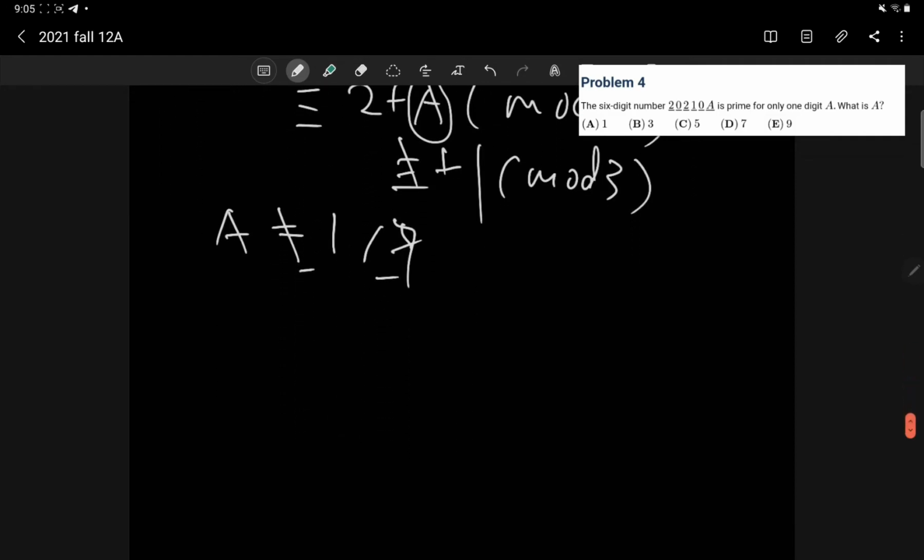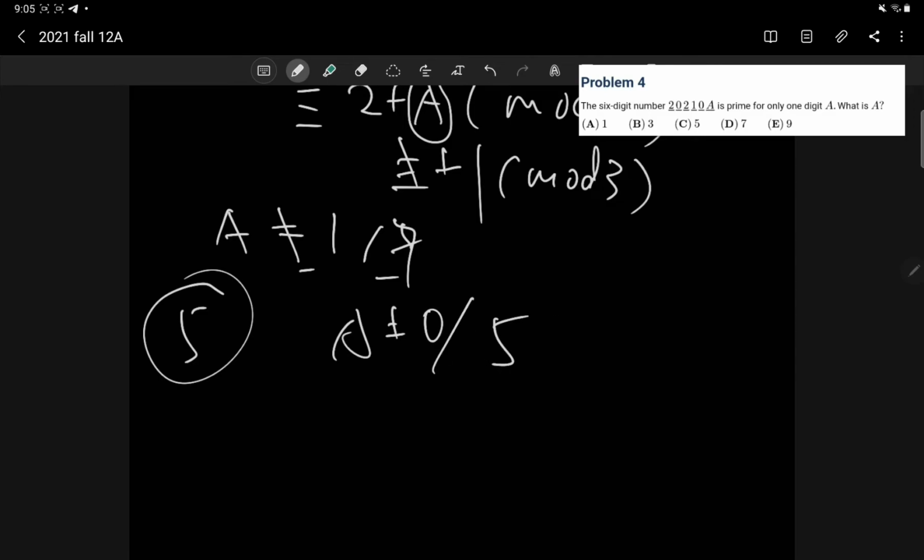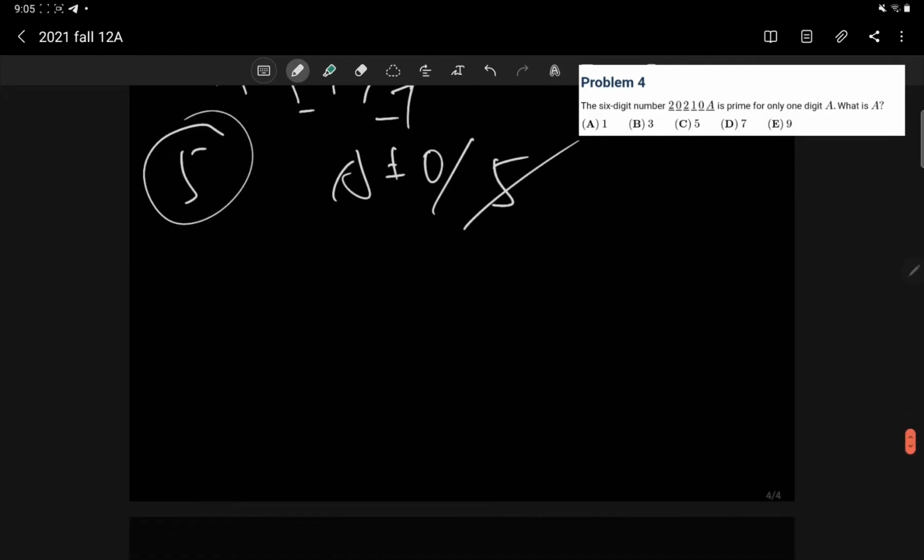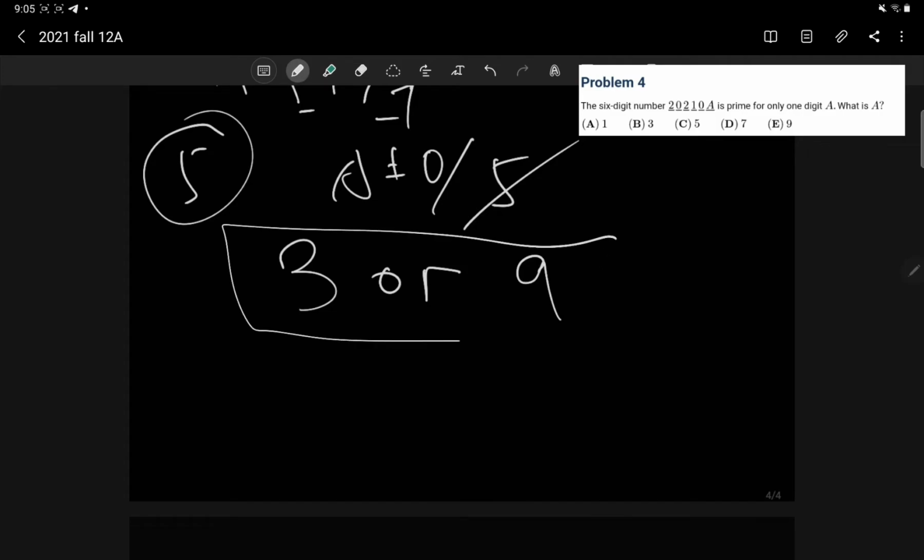The next is 5, so the last digit is not equal to 0 or 5, and we can exclude 5. So what's left here is only 3 or 9.